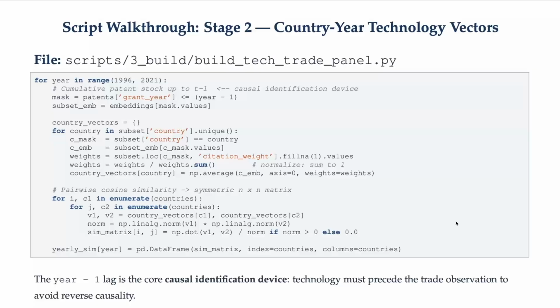Here is another code base, showing how to calculate the cosine similarity from the results of the embeddings. This is a pairwise cosine similarity. As you can see here, the dot product of vector 1 and vector 2 is divided by the norms of vector 1 and vector 2.